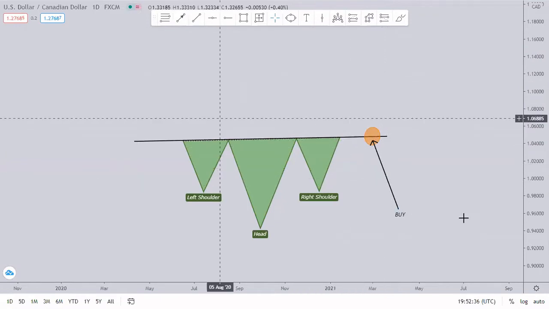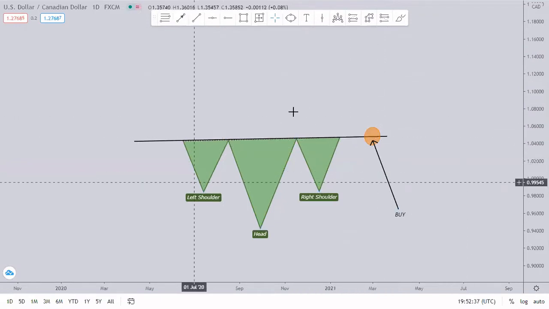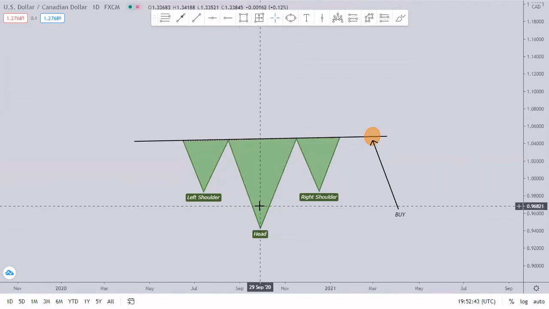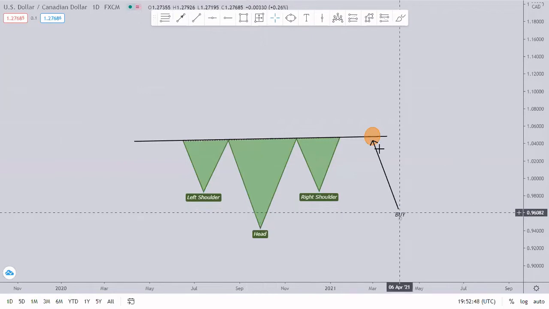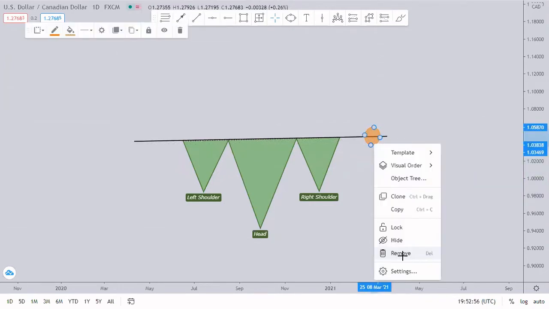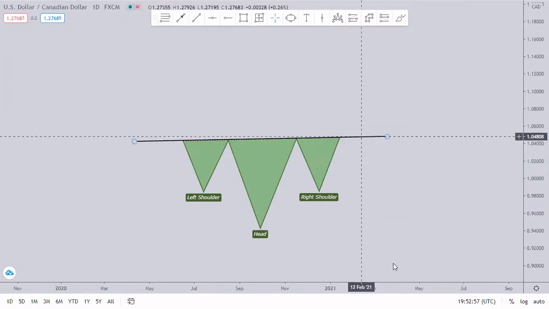So I hope you took note of this structure, because what I'm going to discuss looks very, very similar. Once again, let me delete them one by one, so I don't delete everything I have on my chart up there.